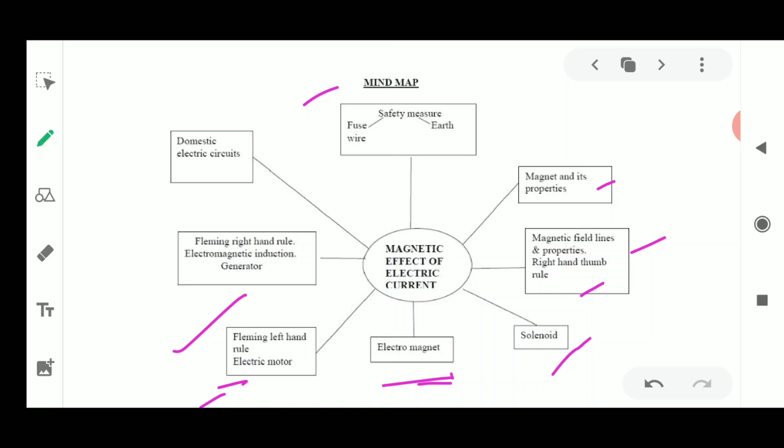Then Fleming's right hand rule, which is based upon electromagnetic induction, generally used in generators. Next, the domestic electric circuits present in our homes, and also the safety measures, that is fuse, and the earth wires.